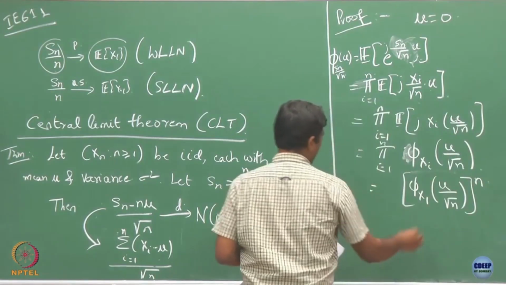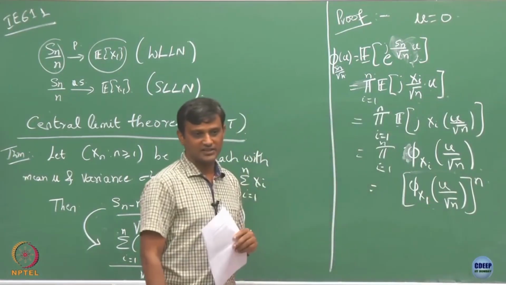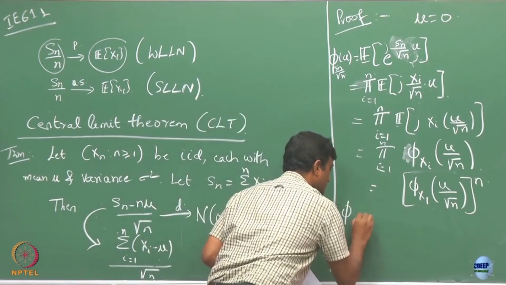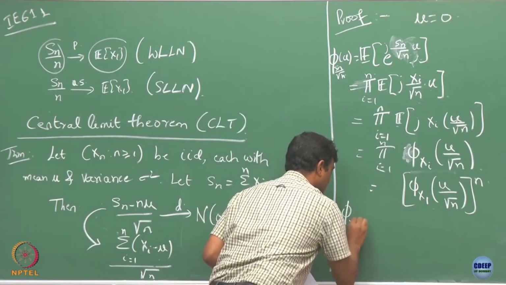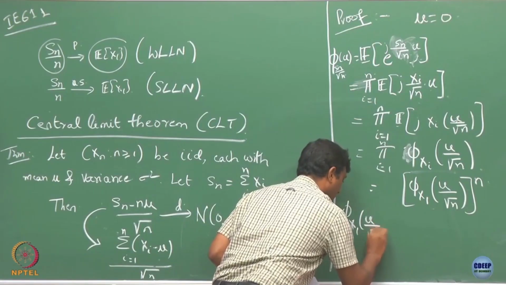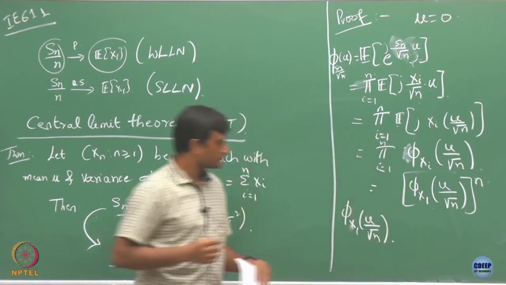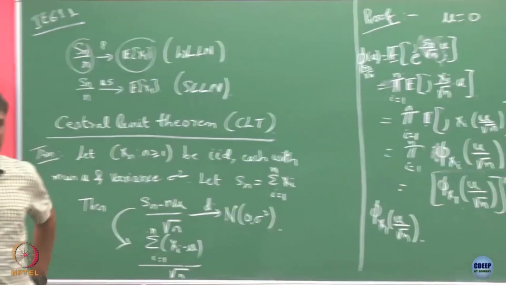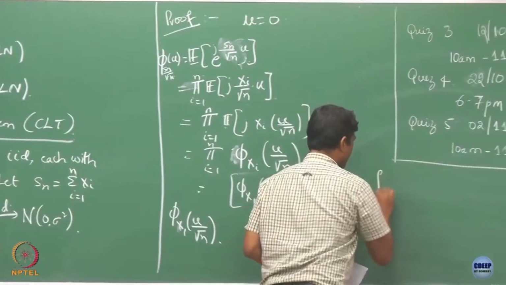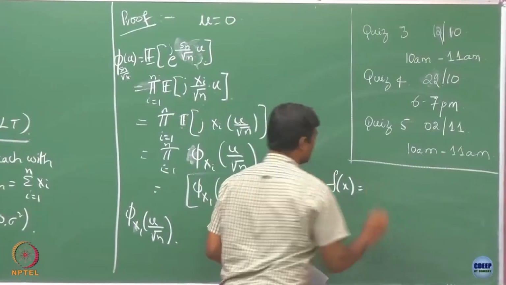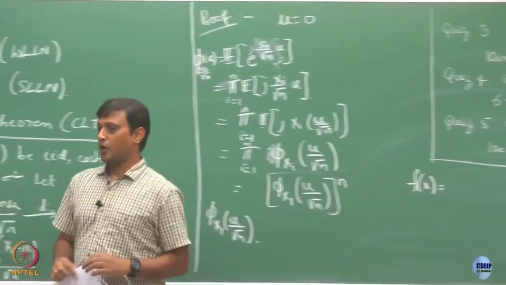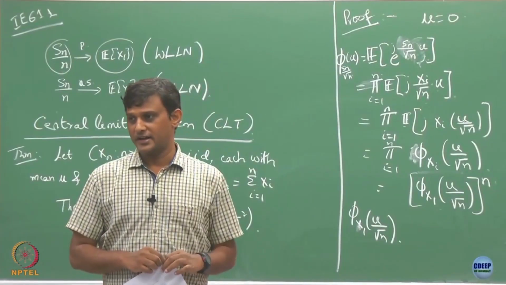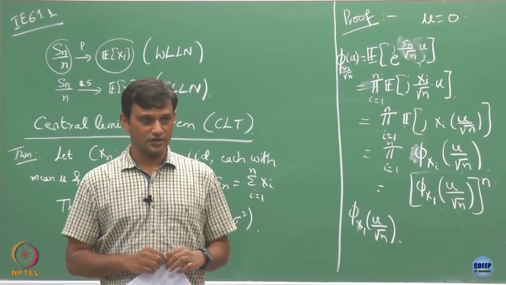Okay, now let's try to understand how this behaves. So now I am going to use this characterization. How many of you know Taylor's expansion of a function? Let's say I have a function f of x and I want to do a Taylor expansion of this function around a point x naught.